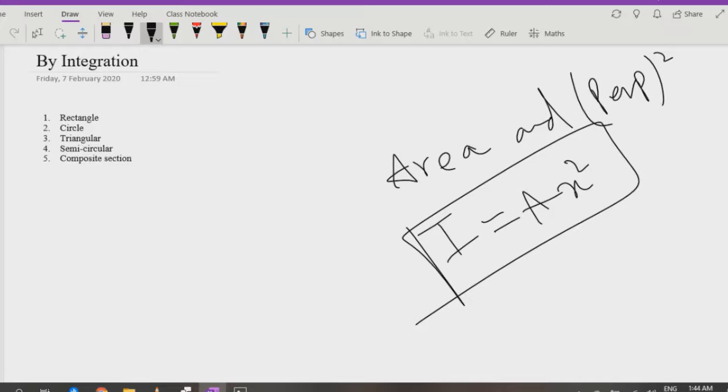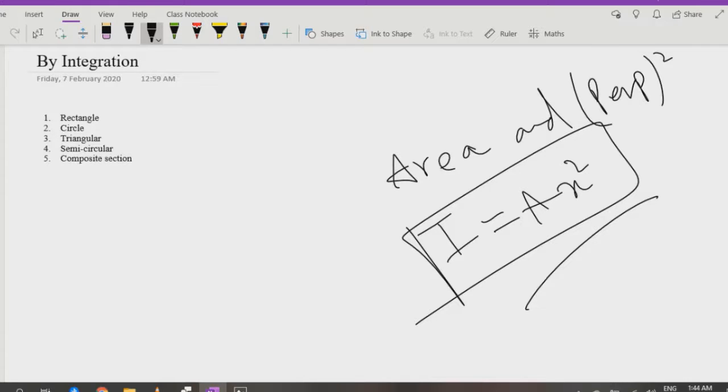This is by the integration method, and there are theorems that you can find in any book of strength of materials, about what theorems there are and how to prove this statement that moment of inertia is equal to area into x square.